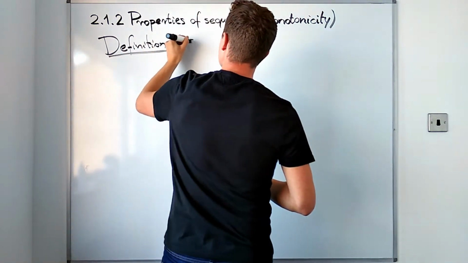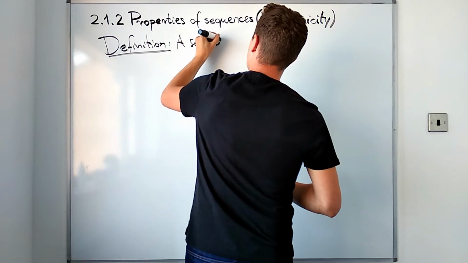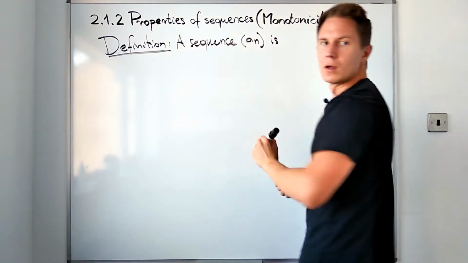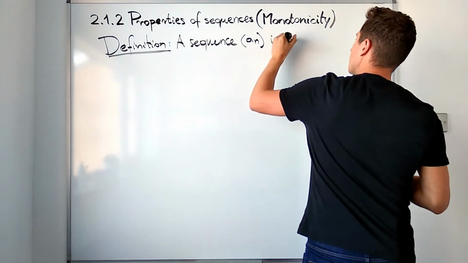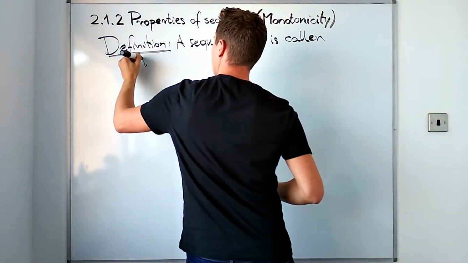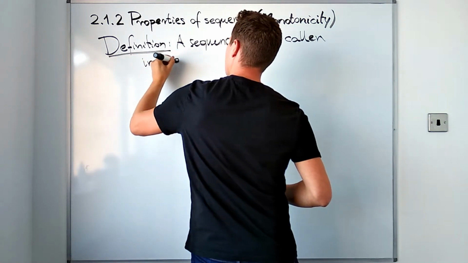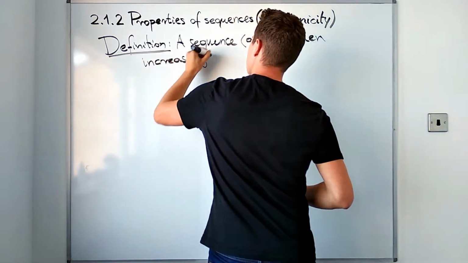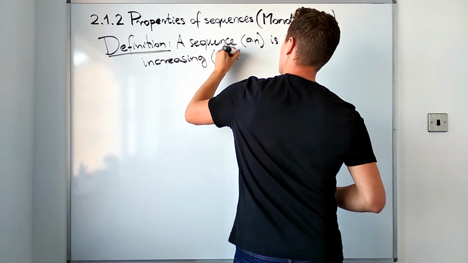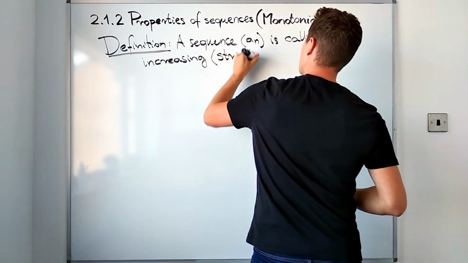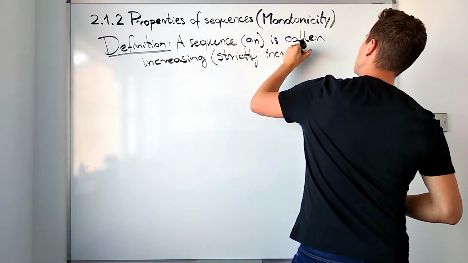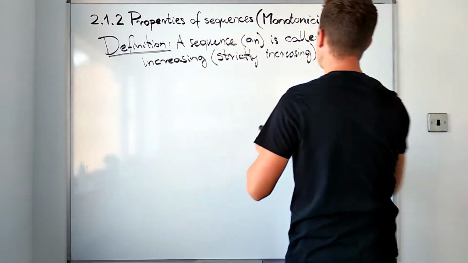A sequence a_n is called increasing or strictly increasing. There will be two versions of this property.